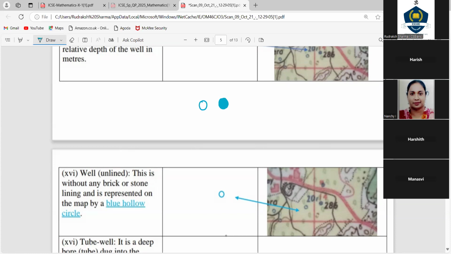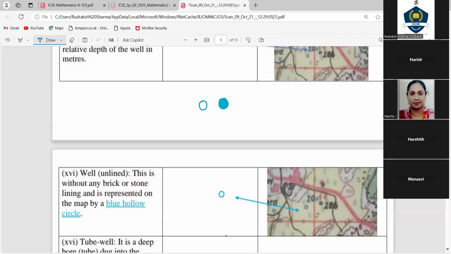We form the structure carefully with proper materials like stone, cement, bricks or anything. Whereas an unlined well is a rough structure, we can say in India it is kacha, in which we do not use any brick or stone. Only a hole is there on the surface through which we take out the water from the groundwater table.